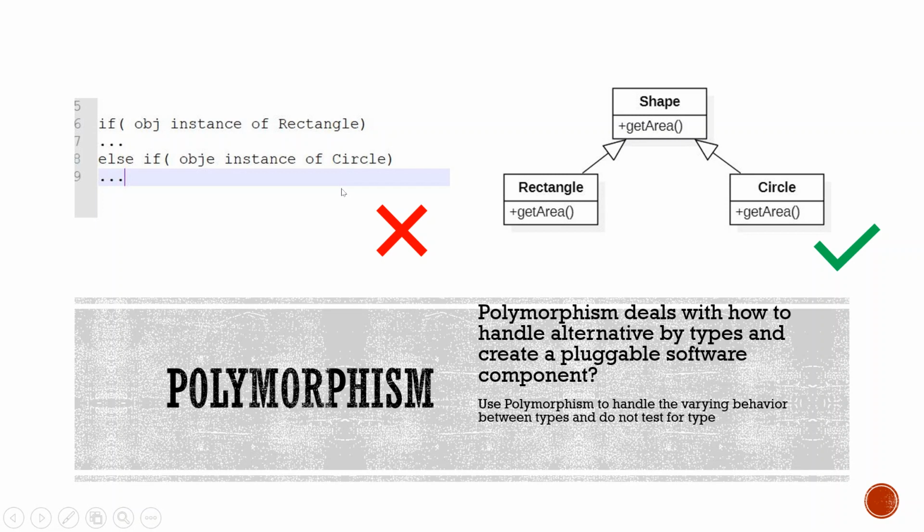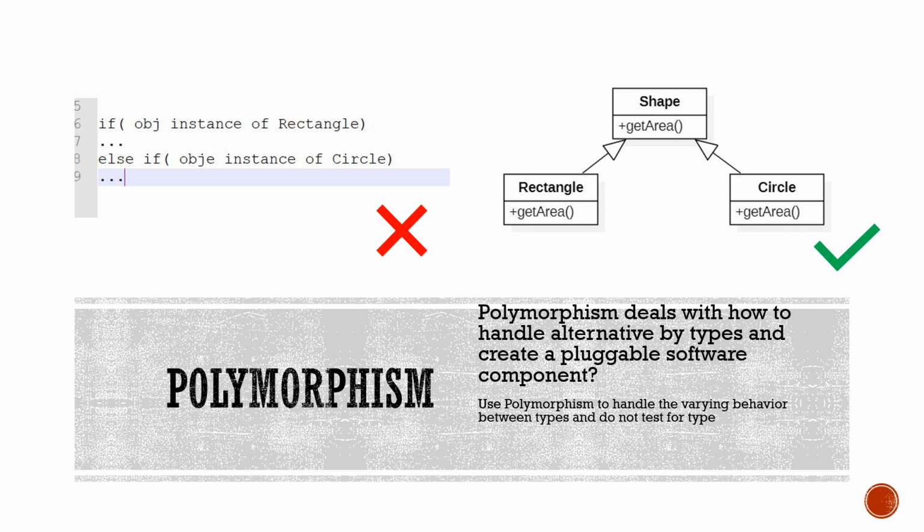The next pattern that we will discuss is polymorphism. Polymorphism deals with how to handle alternatives based on types and create pluggable software components. We can see the example there. A base class Shape has two subclasses, Rectangle and Circle, and they override the getArea function.